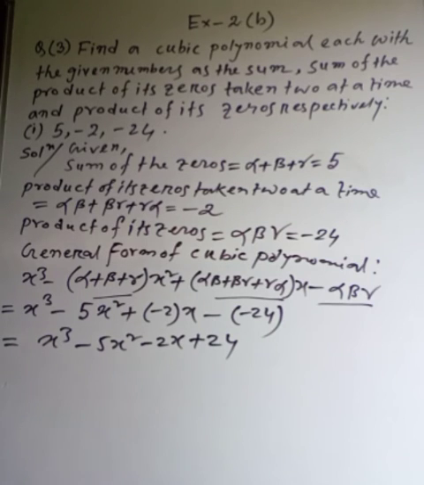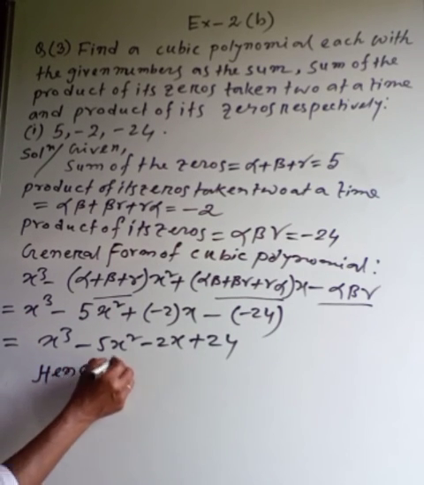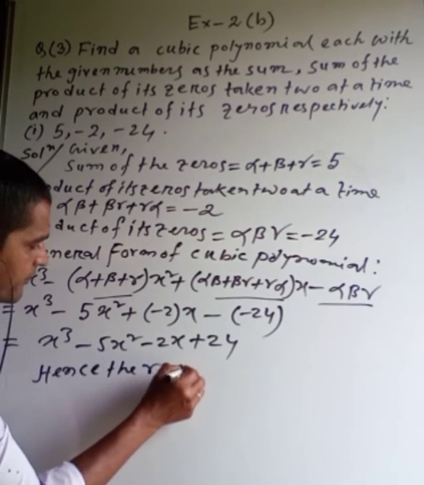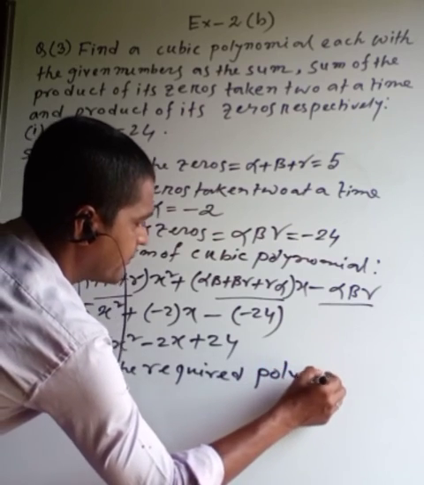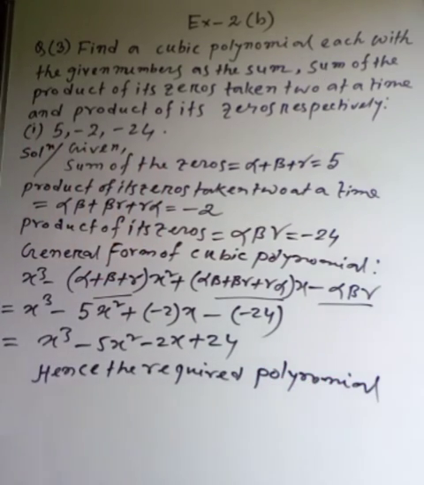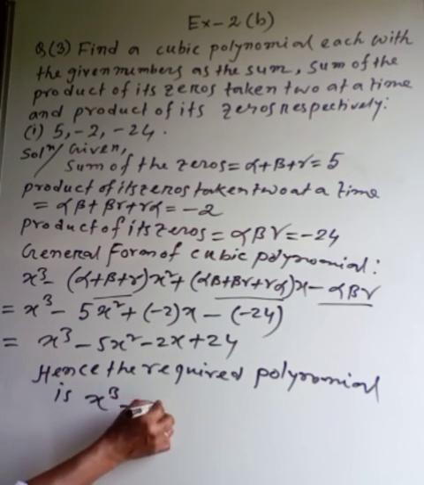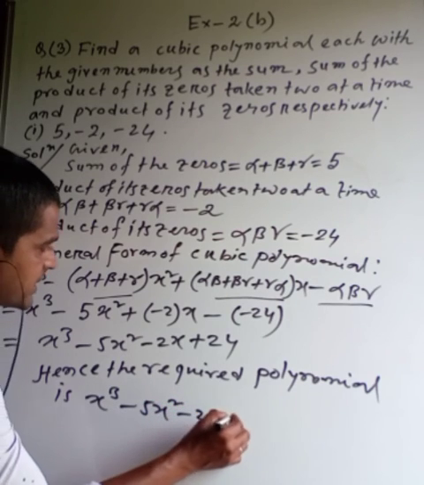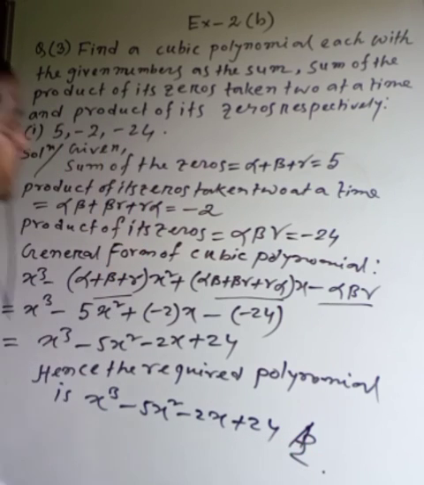X cube minus 5x square minus 2x plus 24. So at last we can write, hence the required polynomial is x cube minus 5x square minus 2x plus 24. So this will be the final answer.